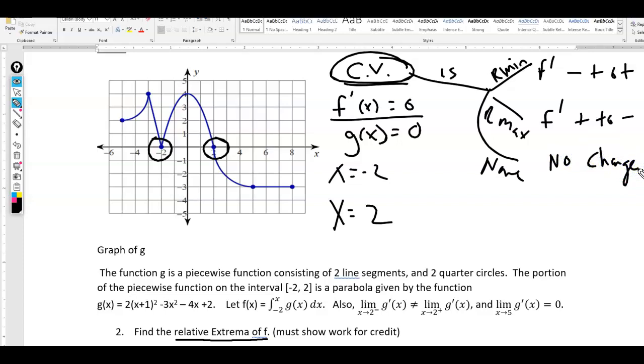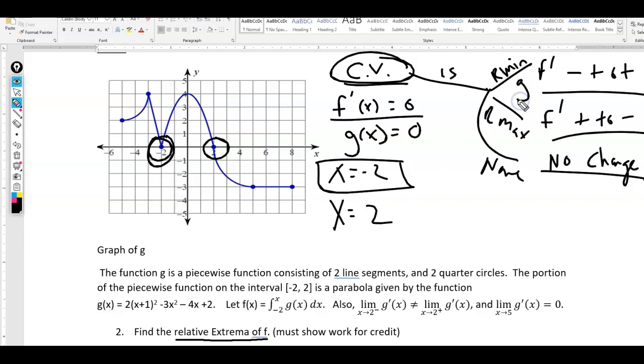Okay, so let's take a look at x equals -2. Now, for x equals -2, does f prime go from negative to positive, positive to negative, or is there no change? Well, a better way of thinking about it would be as g, not as f prime, just for now. Does g go from negative to positive?